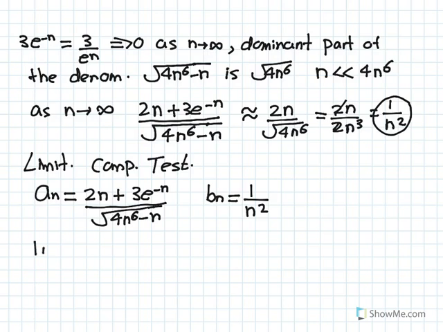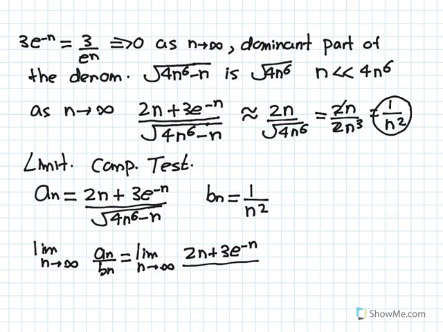So now let's take the limit as n goes to infinity of an divided by bn. This is equal to the limit as n approaches infinity of 2n plus 3e to the minus n divided by the square root of 4n to the 6 minus n, divided by 1 over n squared. Now, when we divide by 1 over n squared, that's the same thing as multiplying by n squared over 1.